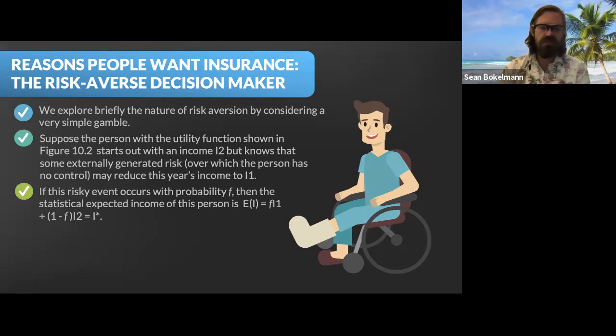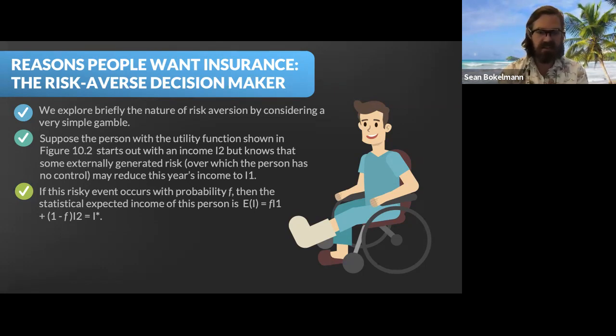If that's true, then we can calculate the expected income, right? And the statistical expected income of this person would be the probability of the bad outcome times the bad outcome's income, right? So that's the probability that the world is bad and they have low income, plus the probability that the world is good and they have good income, right?